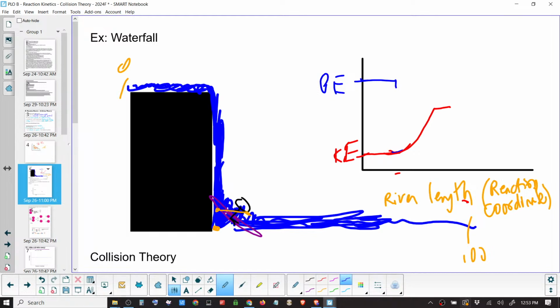And then the potential energy will start off in the same way. Oh, I know how to do this. Because how should these two graphs look compared to each other? Mirrors. So draw two mirror graphs.